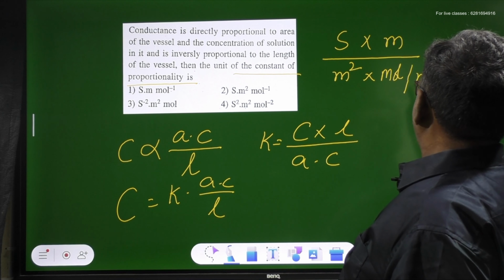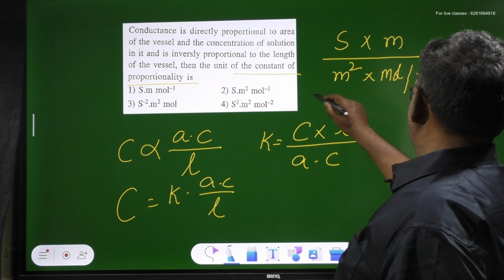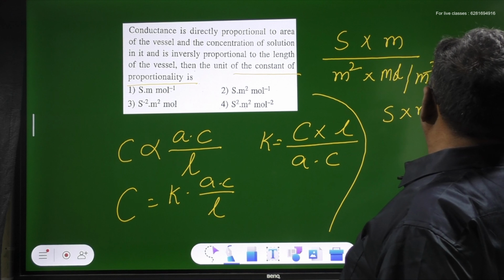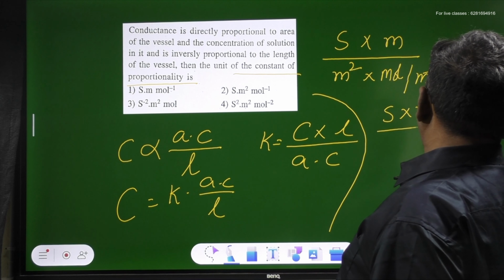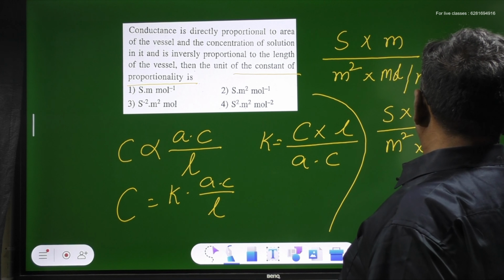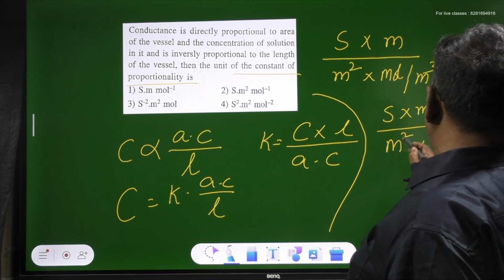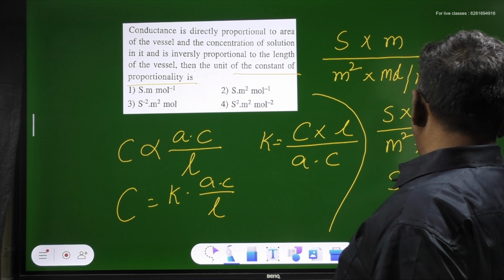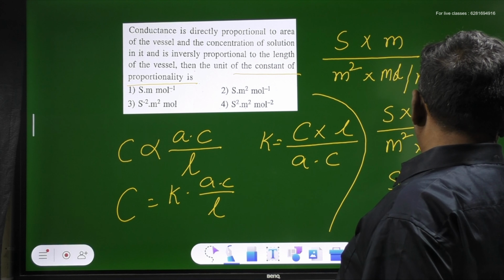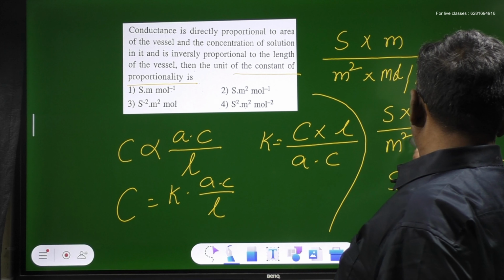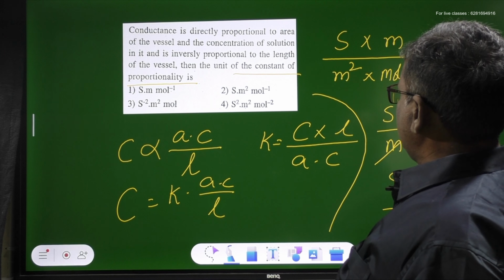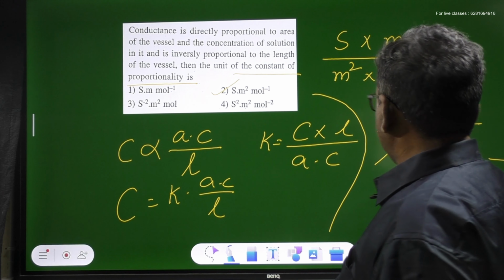Now this can be written as Siemens into moles into m cube by meter square into mole. So here m to the power 4 and m square, so we can write it as Siemens meter square per mole. Second option is correct.